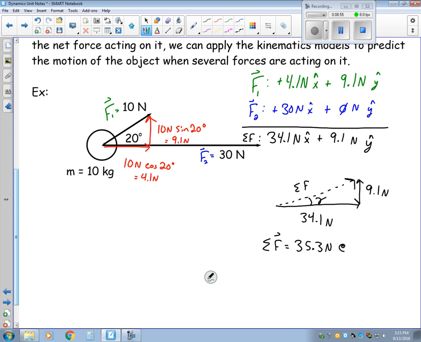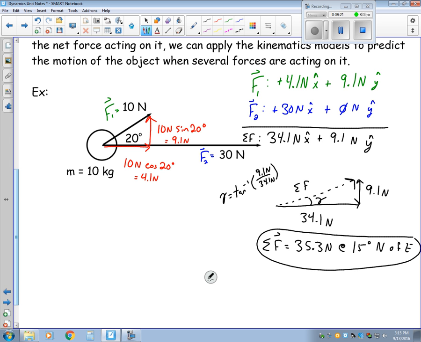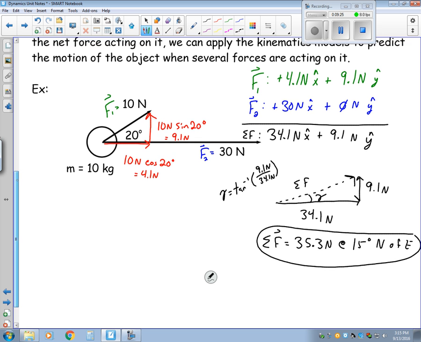To get the angle, I can just use the inverse tangent function. Opposite over adjacent. And when I plug that in, I get 15 degrees. And it looks like it's north of east. So that gives me the net force. Okay, now I can find the acceleration.